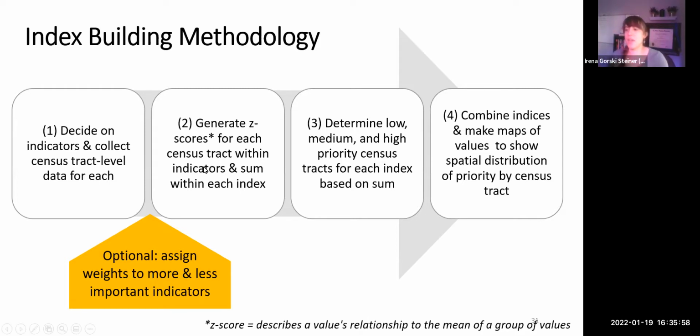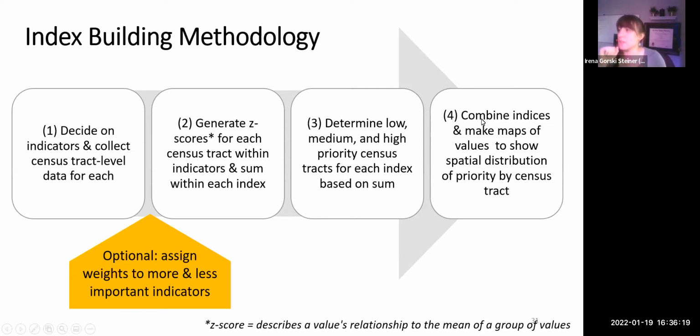And then we summed all of the indicators within each index. So the asthma z-score plus the COPD one plus all the other ones. Next, we determined low, medium, and high priority census tracts for each index based on that overall sum.